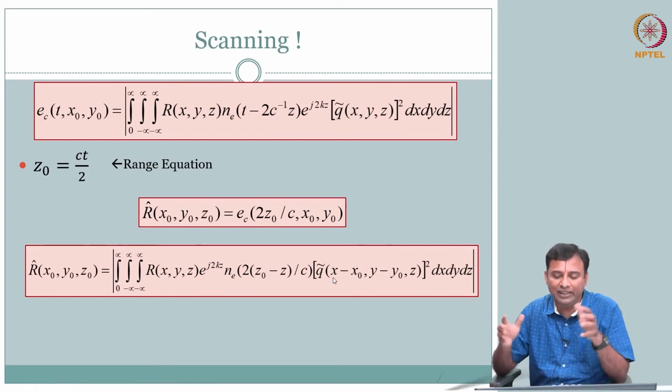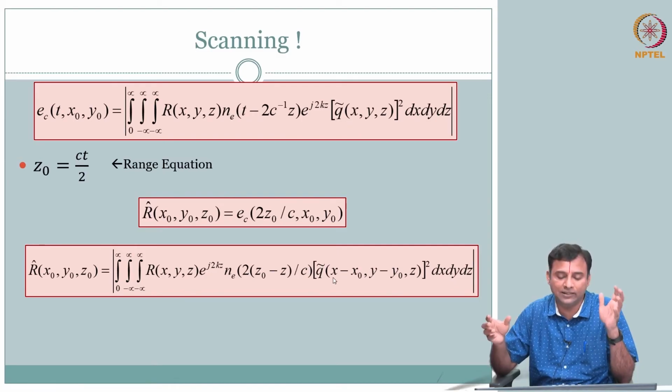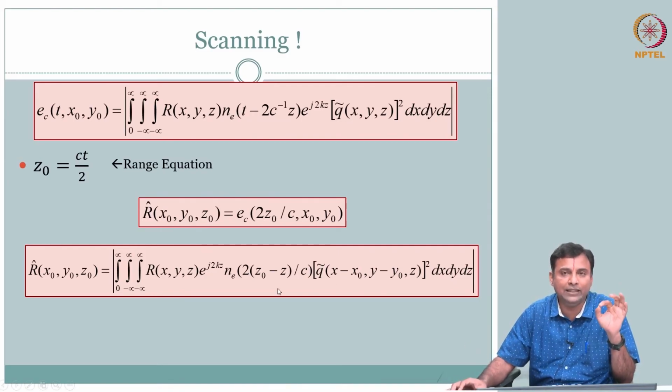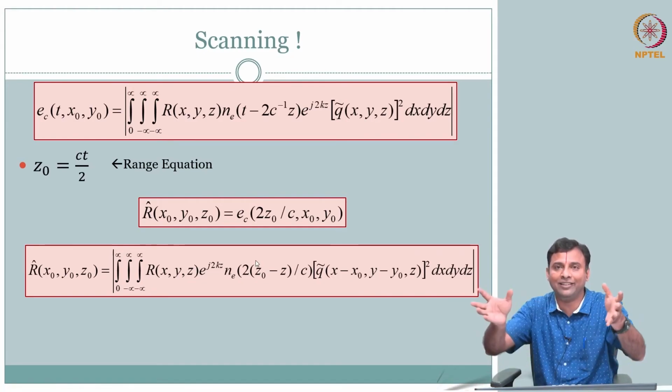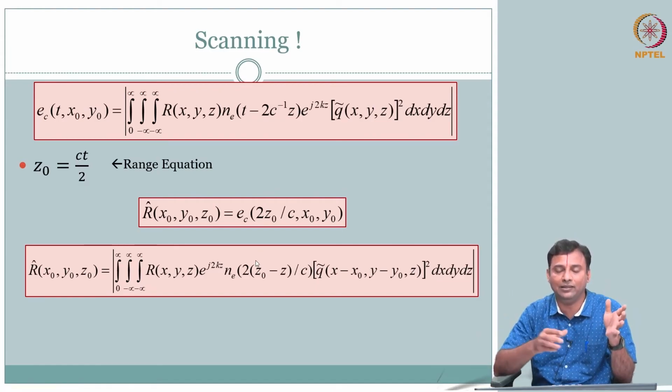It is unwieldy, usually there are 3 integrals and other things, so it looks complicated, but you can see term by term, it all is intuitive. You send a pulse and the pulse is diverging, so it has a field pattern.